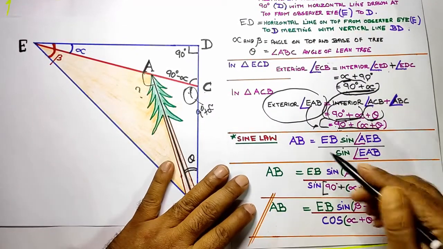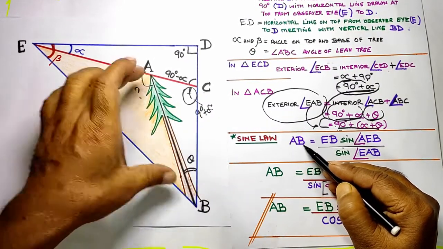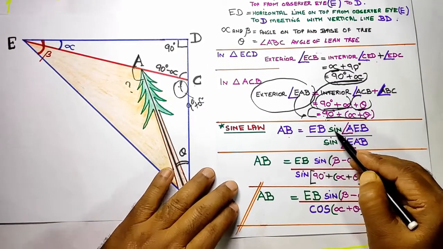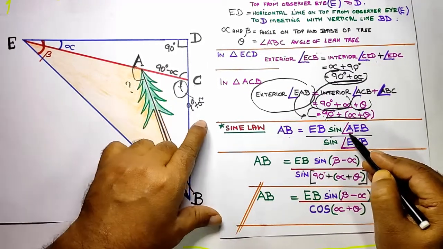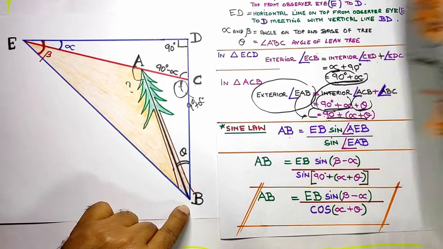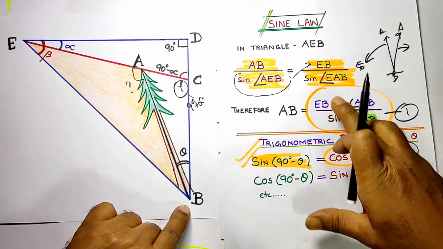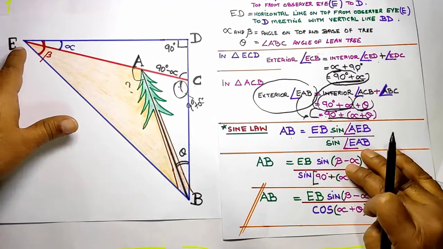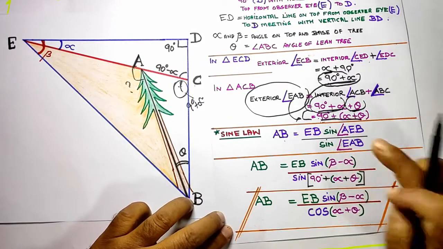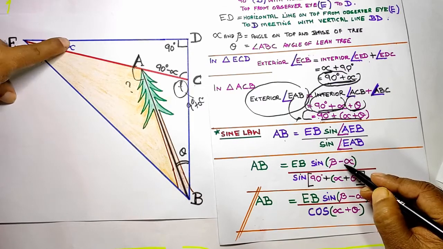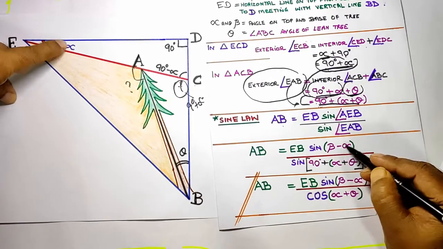Now let's come to the sine law. AB, this AB height, is equal to EB, the horizontal distance, times sine AEB, divided by sine EAB. AEB is beta minus alpha.